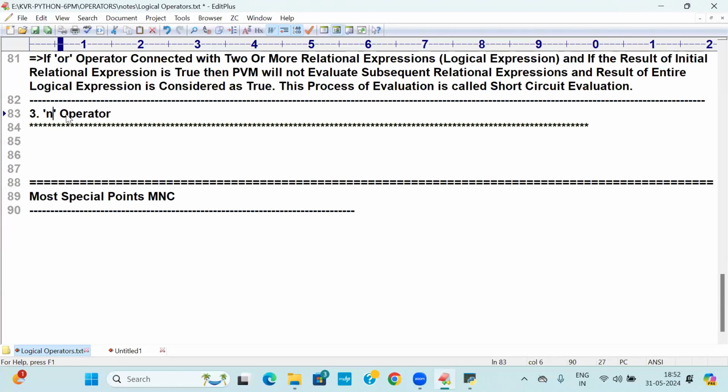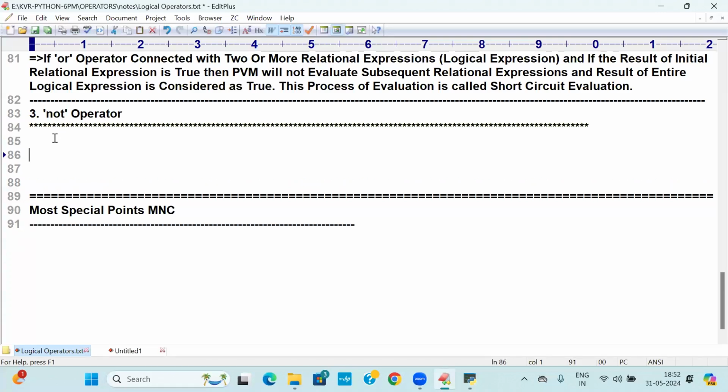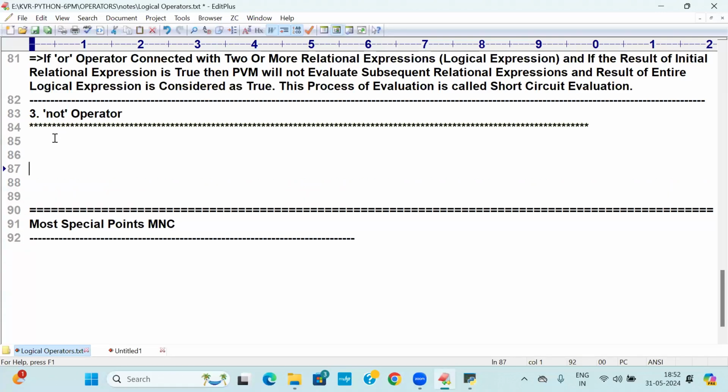Totally pin drop silence. Thinking what to answer. Uday Sai, negation. Okay. Good. What is not operator? Opposite result of existing result is called what? Not. Something you have to think and then say. Not true, false.